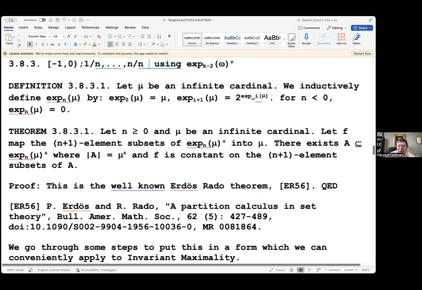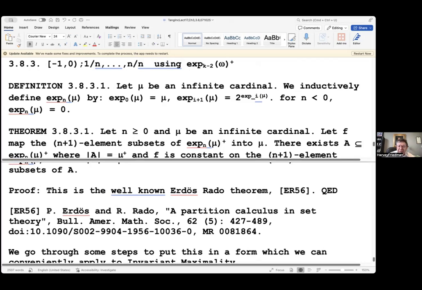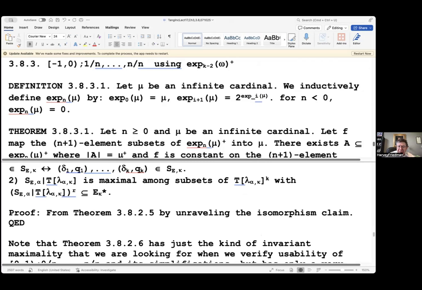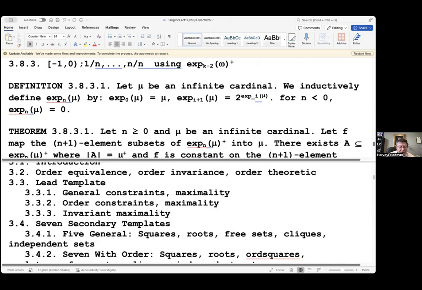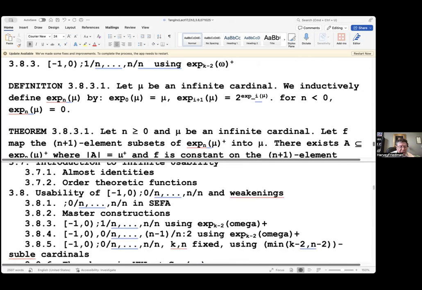Did I use? I might have used. Let me see what I used for the official title. Be curious. No, I used the okay.